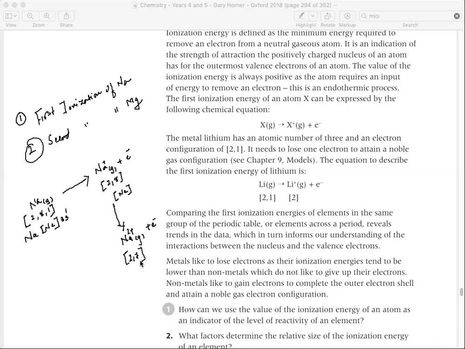After you remove the first electron, when you remove the second, you need more energy. And in this case, much more energy. Why? Because it has a stable configuration. So this second equation which I have written is called the second ionization of sodium. Is this clear?